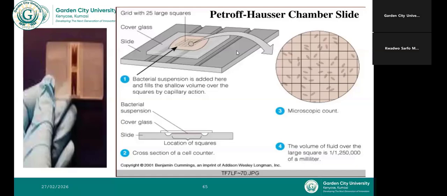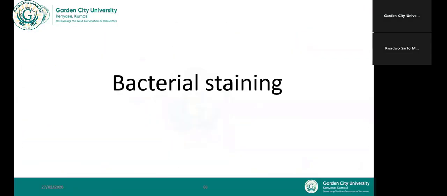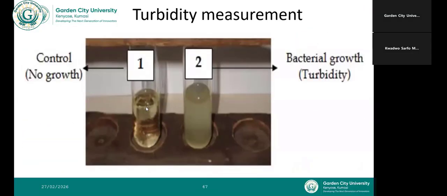So Cecilia, the turbidity. Let me show you what the turbidity is about. Do you see this slide? There are two tubes with media, liquid media, broth in them. One is clear, the other is cloudy.